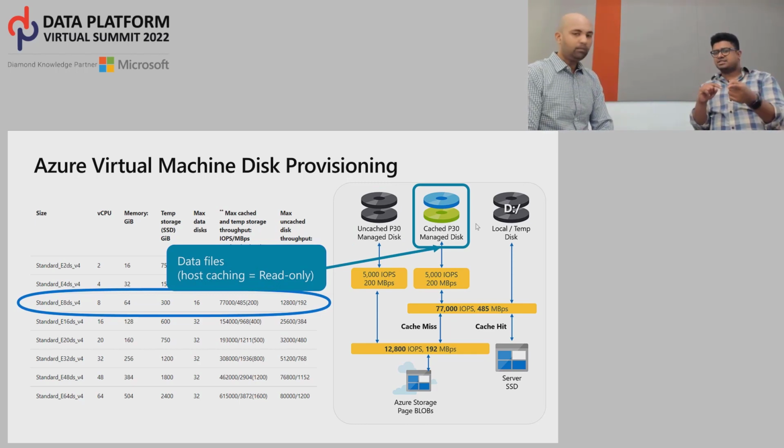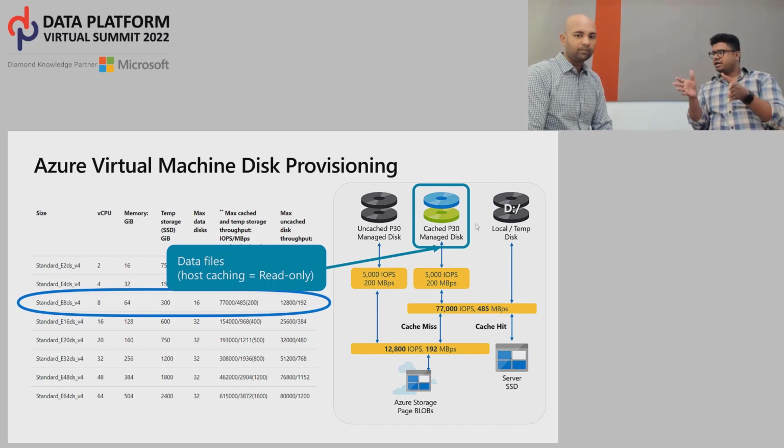Whereas for data disks, you will have host caching equal to read-only, where some of the throughput comes from that max cached throughput. That's the pure advantage of Azure; this is all Azure working for you, where you can get more throughput and more IOPS out of it.